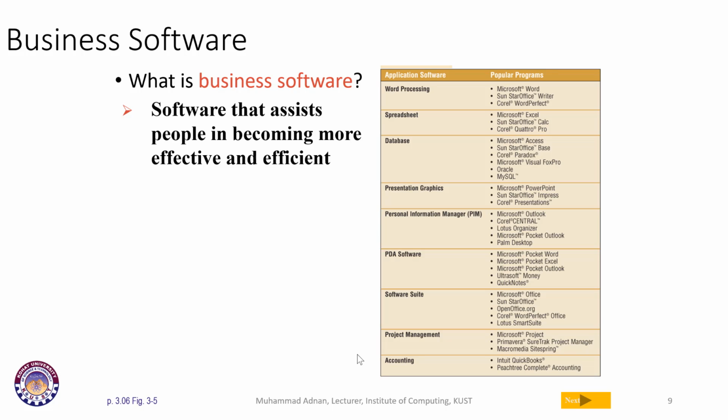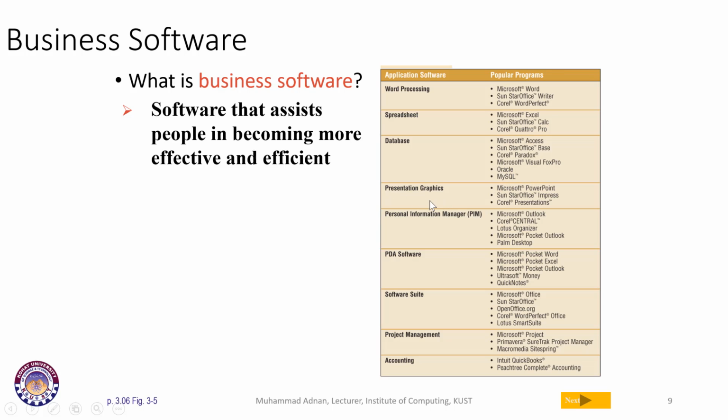So just as I said, business software assists people in becoming more effective and efficient. For example, we have word processing software like Microsoft Word, Sun Office, Star Office, Corel WordPerfect, and then different types of spreadsheets and databases: Microsoft Access, Sun Star Office Base, Corel Paradox, Oracle, MySQL, Microsoft Visual FoxPro.